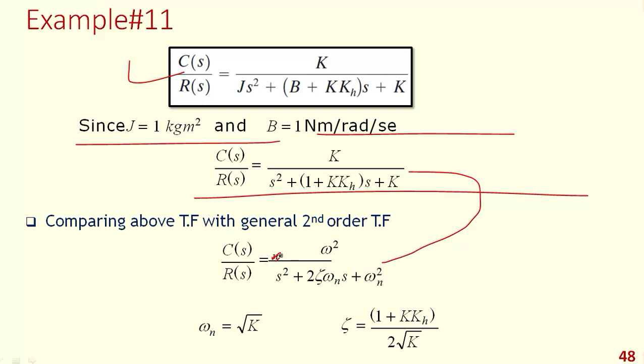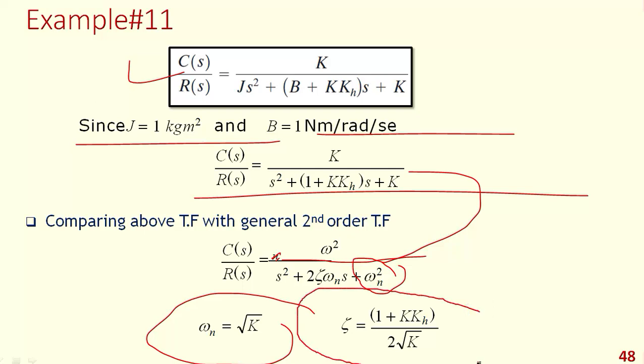First consider the constant term, omega n square equal to k, omega n equal to root k. Then compare the s coefficient. Here the s coefficient is 1 plus k kh. So 2 zeta omega n is equal to 1 plus k kh. Zeta is equal to (1 plus k into kh) divided by 2 root k.